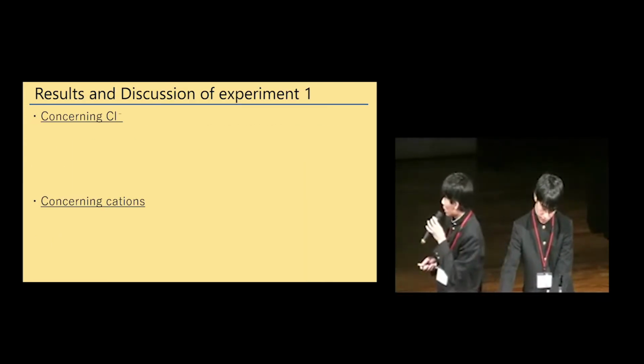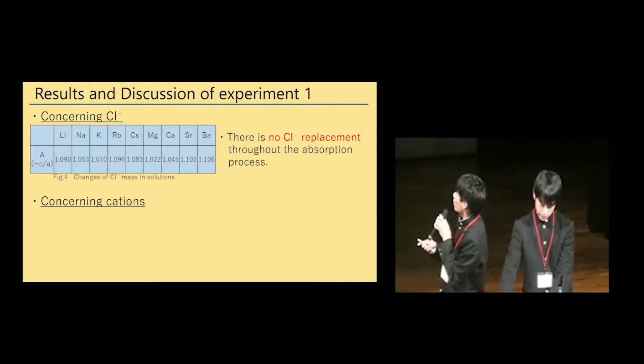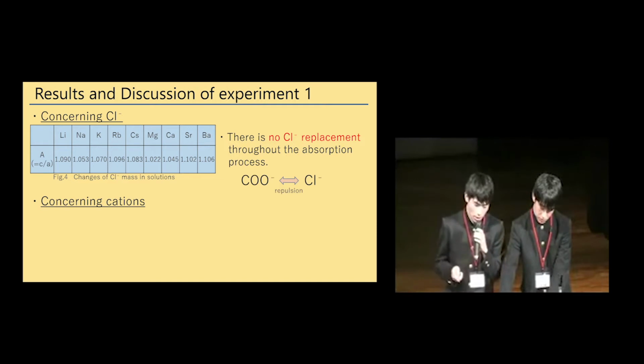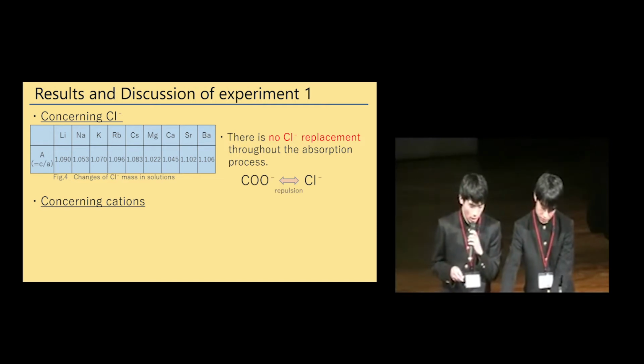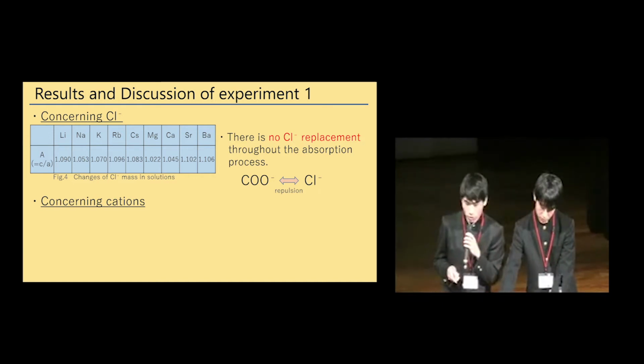Let us review the result of chloride ions. From figure 4, large A is close to 1.0, which indicates that chloride ion doesn't affect the water absorption. Since carboxylate anion in the SAP and chloride ion in solution repel each other, chloride ion is not able to enter SAP.